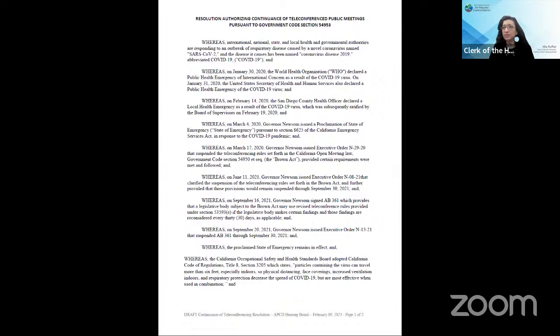In order for this board to continue with meetings under revised teleconferencing procedures, the hearing board must again adopt a resolution with required findings and adopt a resolution to renew those findings every 30 calendar days. The requested action before your board today is to adopt the resolution entitled Resolution Authorizing Continuance of Teleconference Public Meetings Pursuant to Government Code Section 54953.